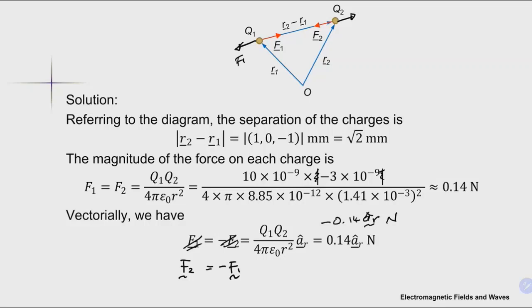Okay, so that only confuses the definition. So this is the wrong way to define it. We should have defined F2 in this direction and F1 in this direction to be consistent with the earlier equations that I showed.